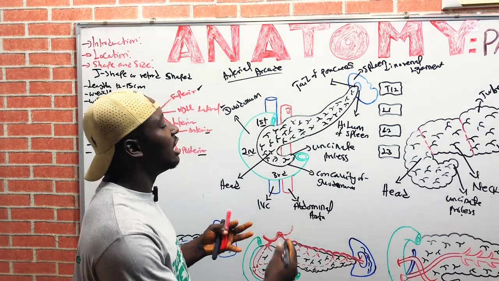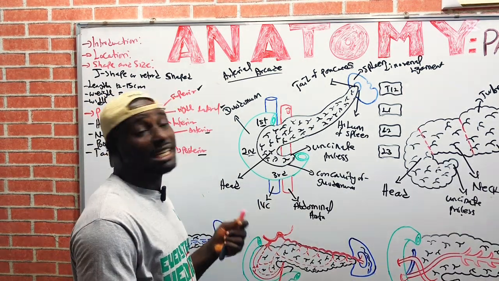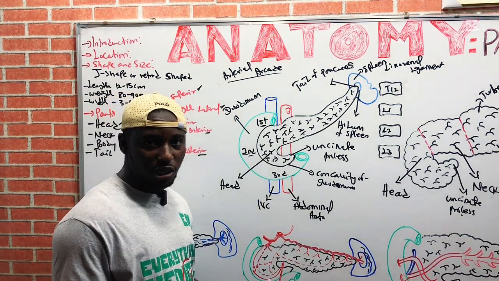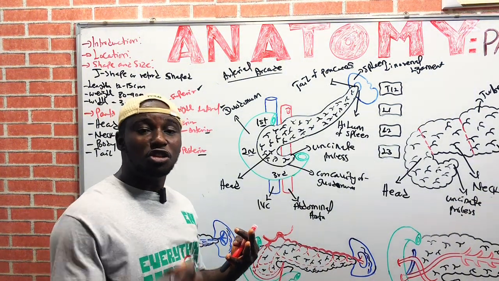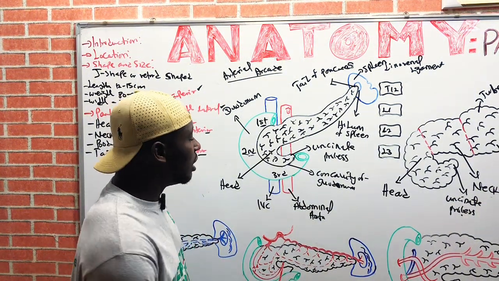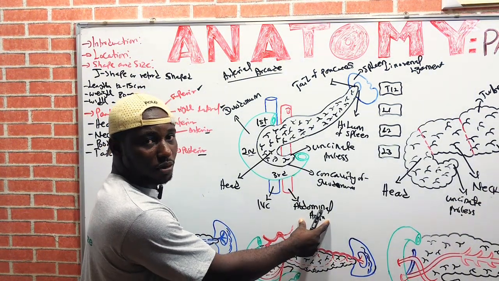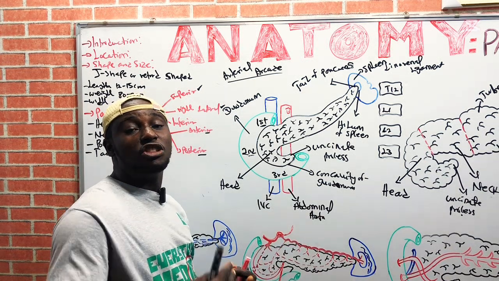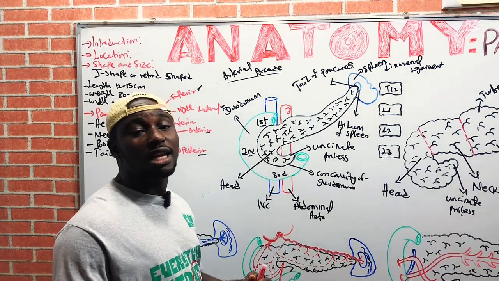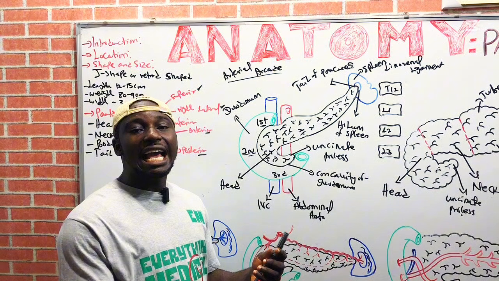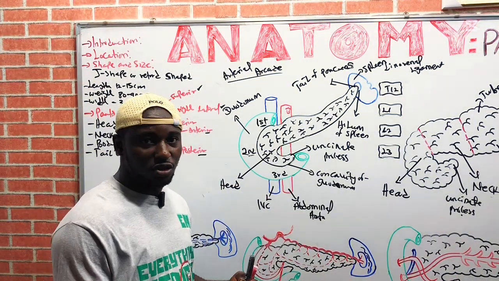Now, what are the relations of the uncinate process? It has anterior relation and posterior relation. On its posterior relation, it is related to the abdominal aorta, while on the anterior relation, it is related to the superior mesenteric vessels, because it lies towards the superior mesenteric vessels, right?